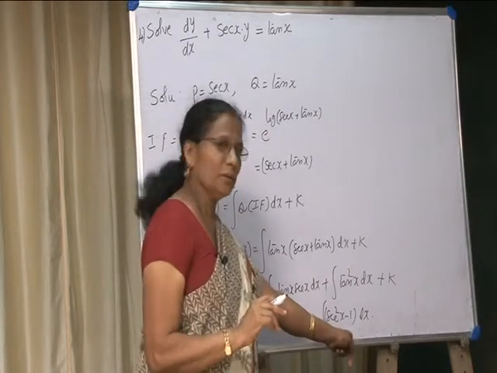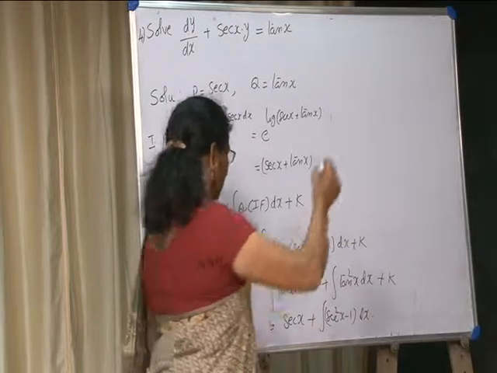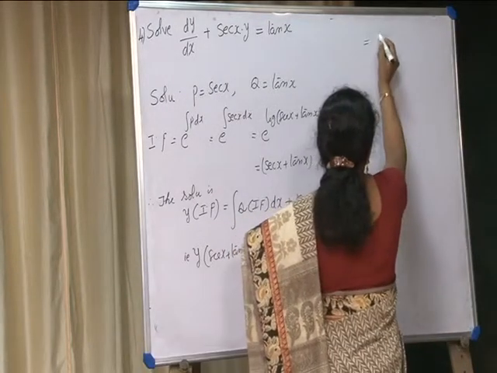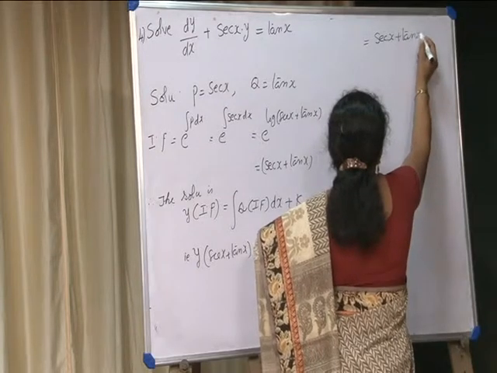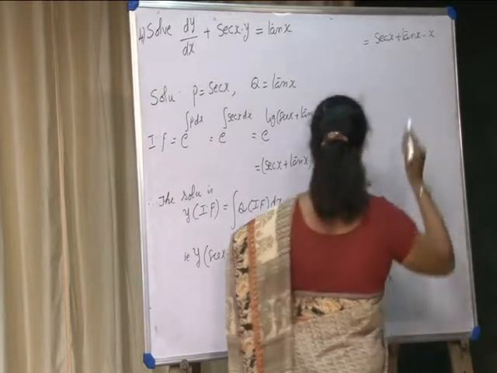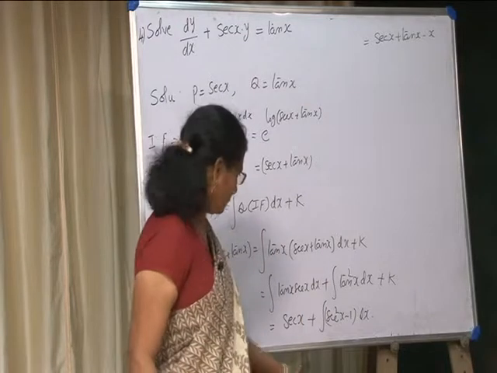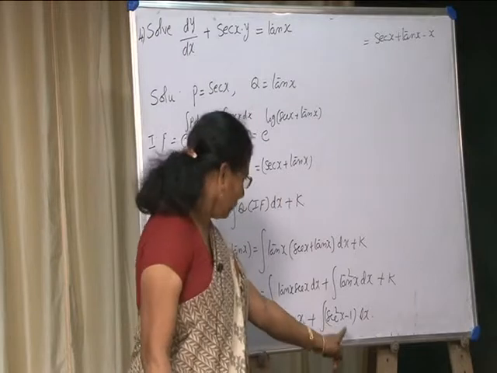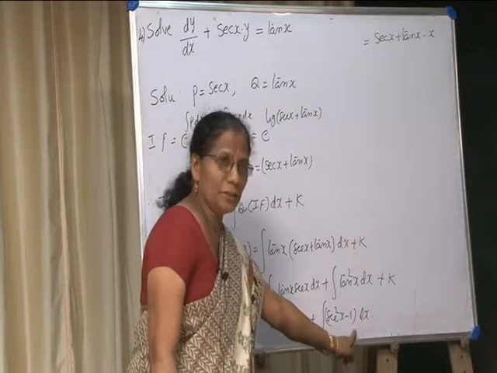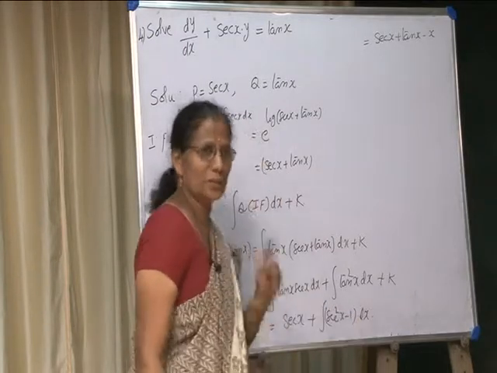Integration of 1 with respect to x is x. So this is secant x plus tan x minus x: secant x, plus integration of secant squared x with respect to x, tan x, minus integration of 1 with respect to x, that is x.